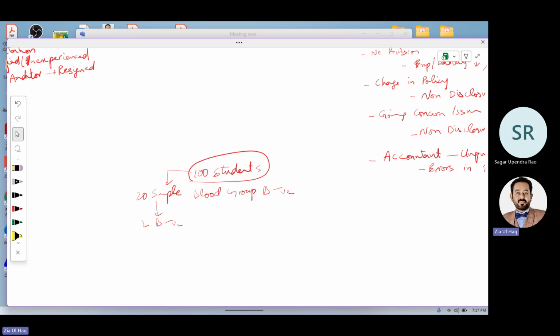Or say in the sample of 20, 4 students got blood group B negative. 4 out of 20 is 20%. Who will apply this on 100 students? Like in our class, 20% of students have blood group B negative.